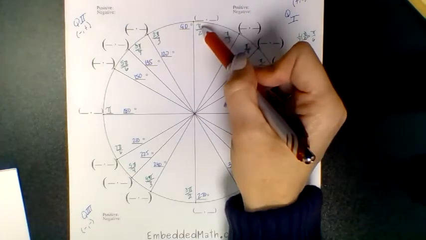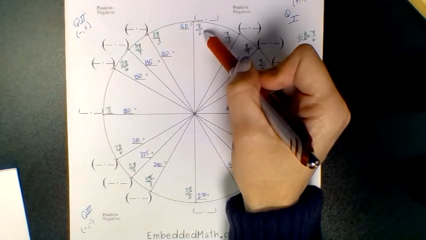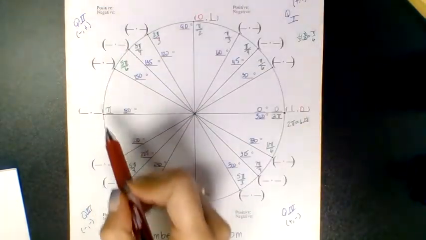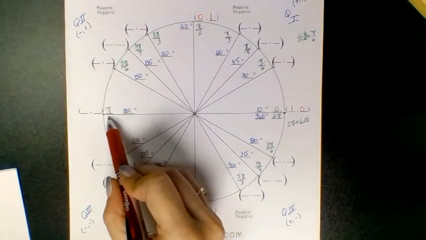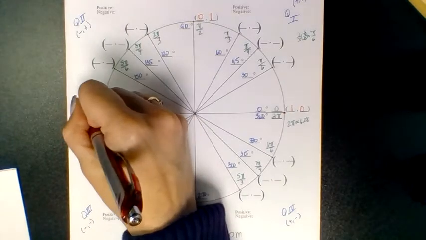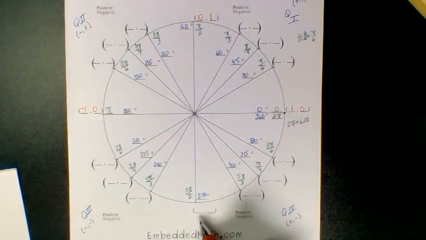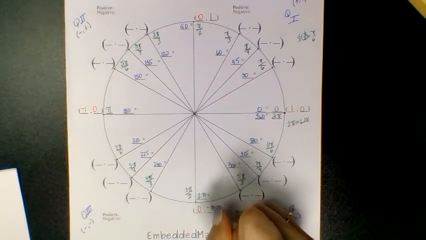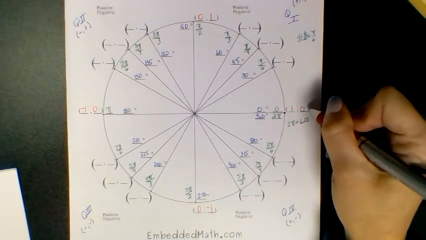When I move up to my next quadrantal, 90 degrees or pi half, my coordinates are 0, 1. My next quadrantal, 180 degrees or pi, is negative 1, 0. Down here at the negative y-axis, I have 0, negative 1, and then I finish my rotation back at 1, 0 again.